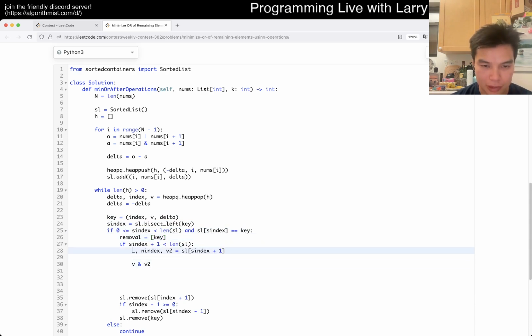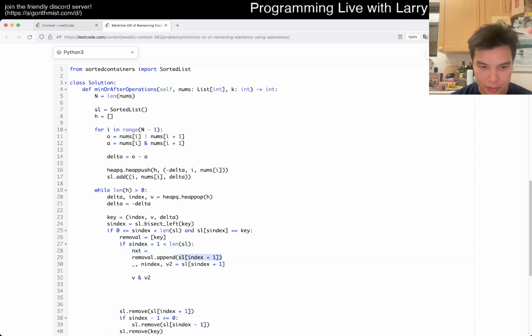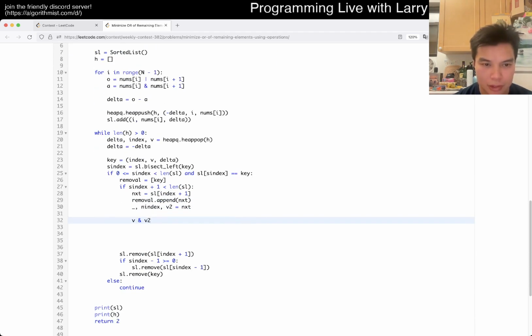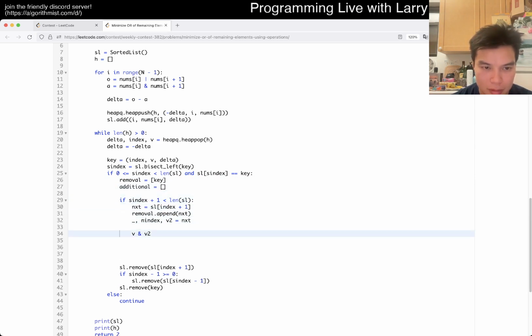Okay, and then if this is the case, then we actually want to append, make this slightly faster because okay, so then now yeah, okay, so this is the new value for SF index.